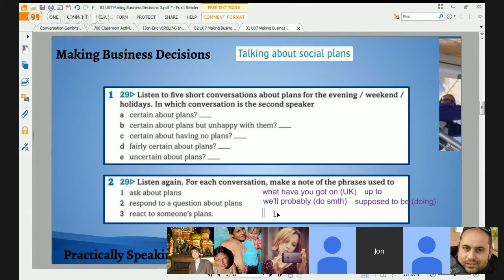And let's see if you can remember two expressions for reacting to someone else's plans. Good idea. Lucky you. First of all, I didn't hear anyone say good idea.